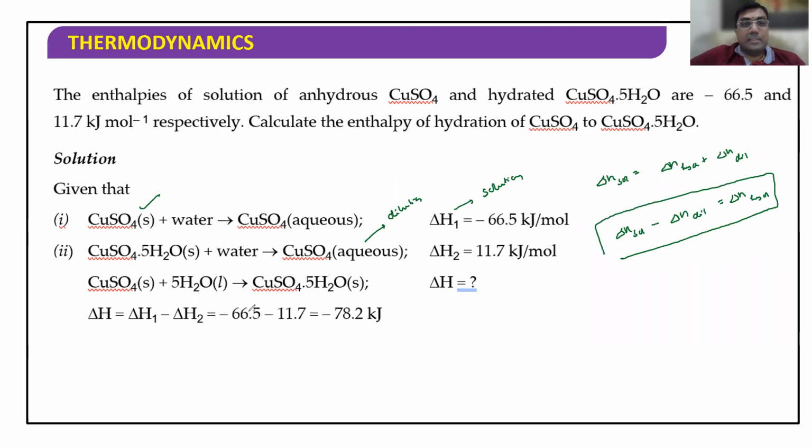So see here, what is done here? Minus 66.5 is what? Enthalpy of solution. And this is enthalpy of dilution. Mind you, enthalpy of hydration is always exothermic.